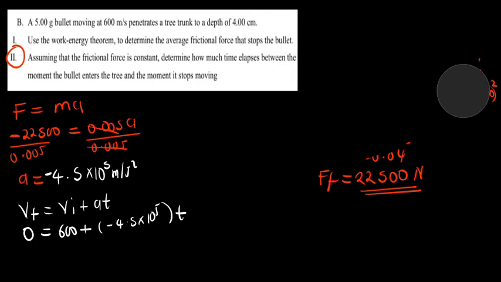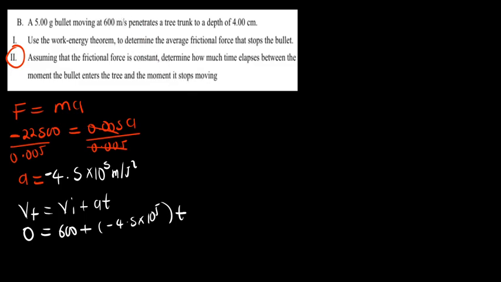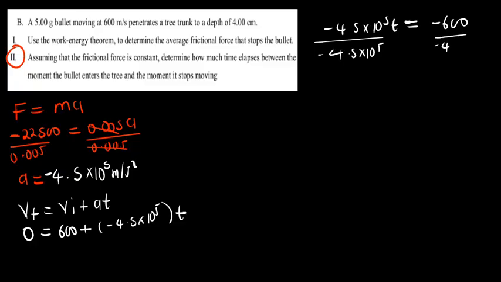So what will happen here is negative 4.5 times 10 to the power 5 t equal to negative 600. Then I'll divide by negative 4.5 times 10 to the power 5.